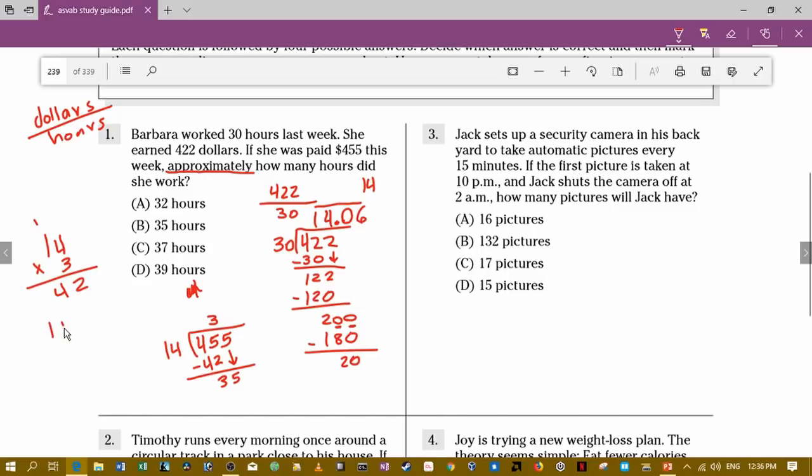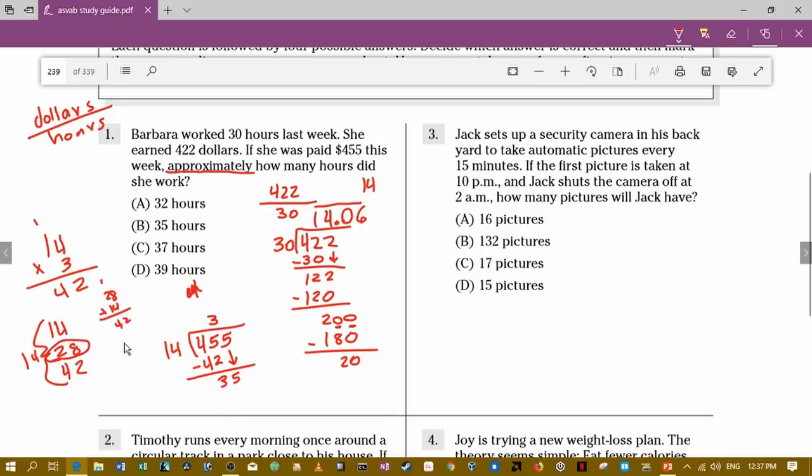Again, we have 14, 28, and if I were to add 28 to 14, 8, 9, 10, 11, 12, carry the 1, 3, 4. These are the multiples of 14: 14, 28, 42. We're asking ourselves, how many times does 14 go into 35 without going over?